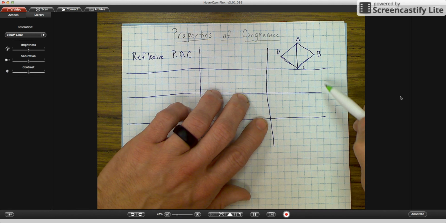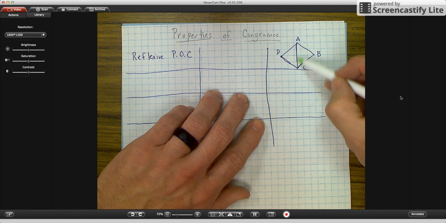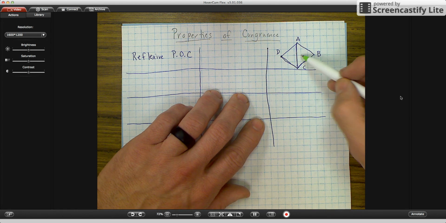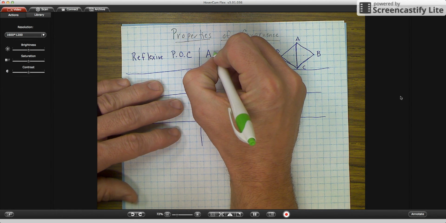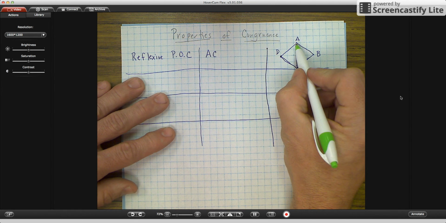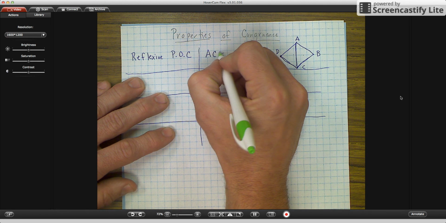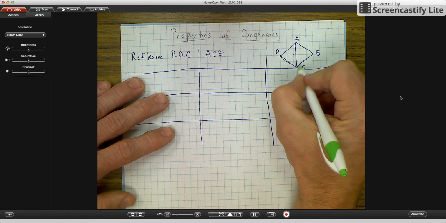And we're talking about properties of congruence. So what we're saying is, see this side AC, how AC is part of 2 different triangles? What we're saying is AC in triangle ADC is going to be congruent to AC in triangle ABC.